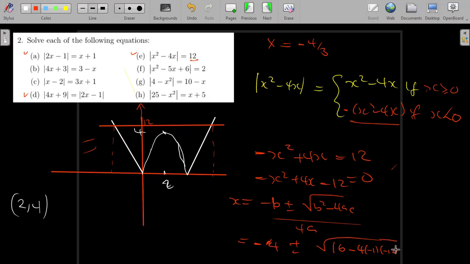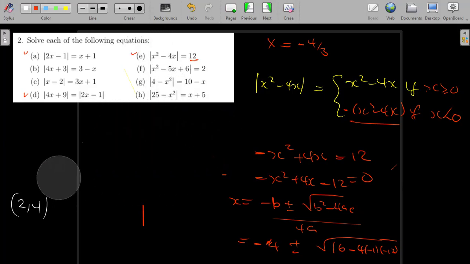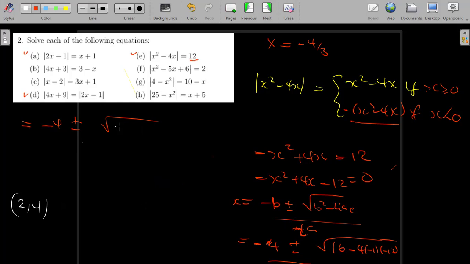So this gives me a negative value, which is going to be, okay, I will erase this part since we already understand what this is. So what do I end up with? Divided by, of course, this is 2a, and my a is negative, so I get -2 down there. So this would be -4 plus or minus, inside you have 16, and that will give you -48, divided by -2.